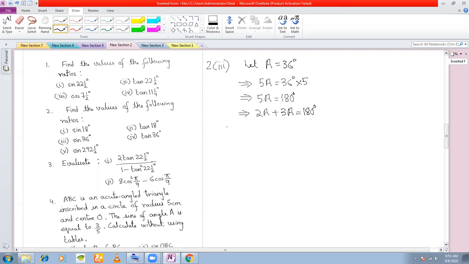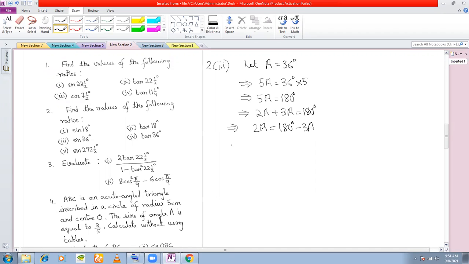Now when we are finding out sine 18 and cos 18, if we were to find out sine of 18 degree, we were taking sine on both sides. So we'll take sine here also on both sides. But before that, we'll just write this as 2A is equal to 180 degree minus 3A.